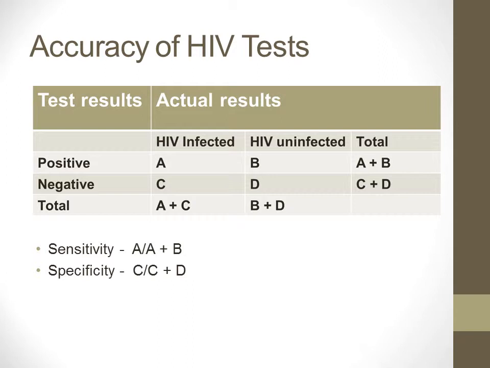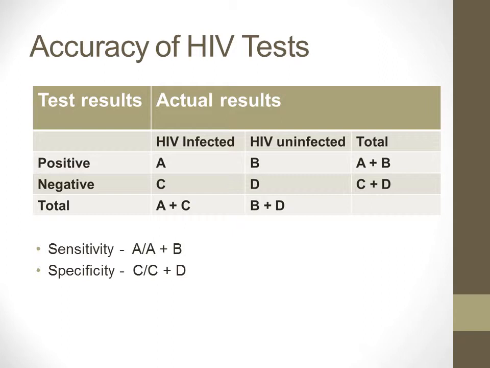So let's say the test is positive, and out of this positive test, you find that A number of patients are HIV infected and B number of patients are HIV uninfected. So your sensitivity will be the probability that in this pool of patients we are able to correctly identify the ones that are HIV positive, and that will be mathematically stated as A over A plus B.